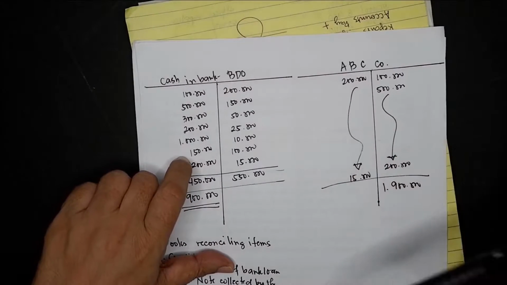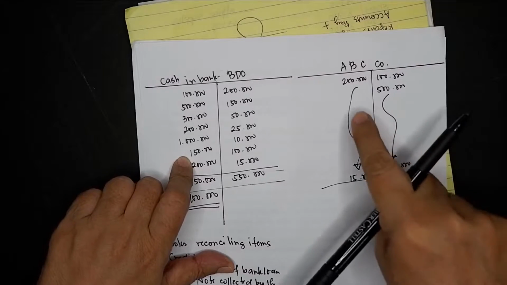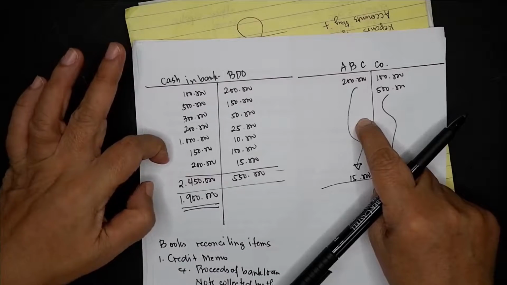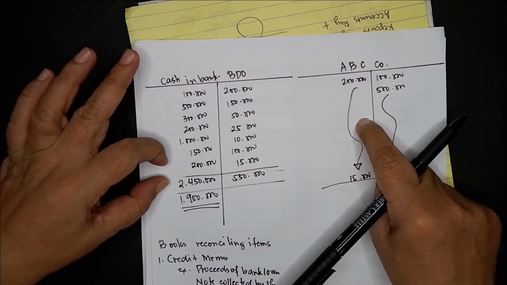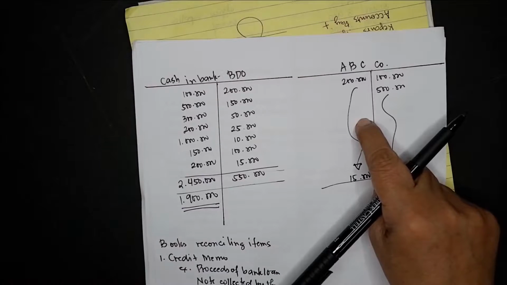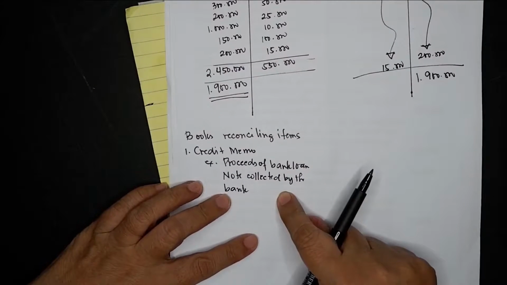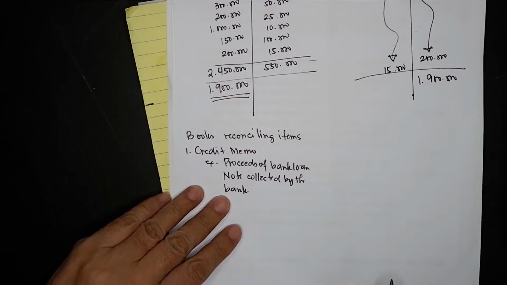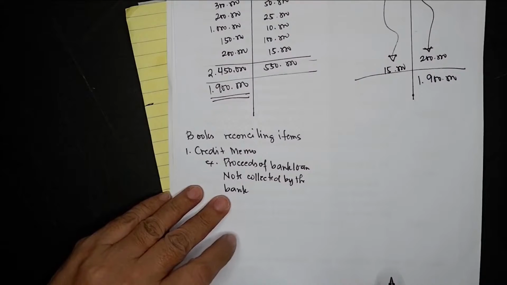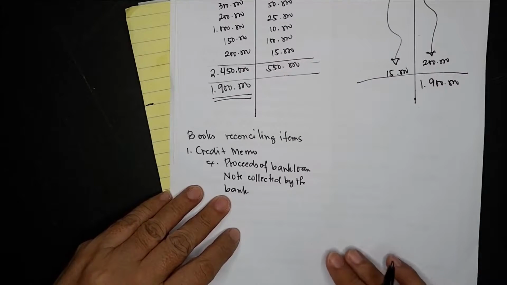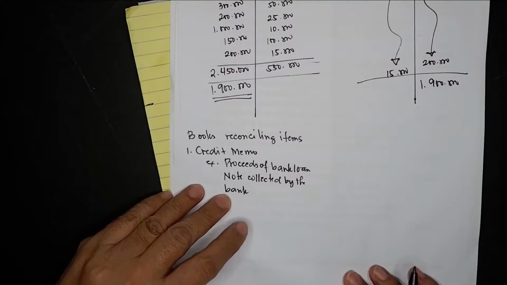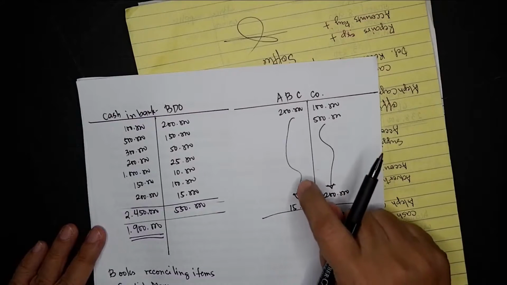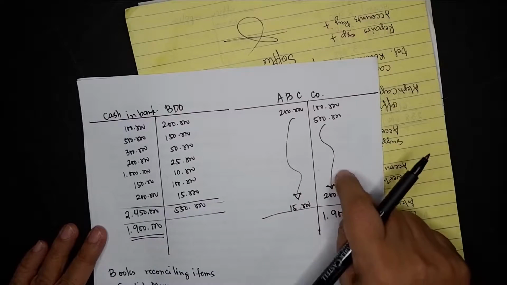That is why, say that is 1 million, they have 1 million plus, but in our record, we do not have 1 million because, as I have said, we do not prepare a deposit slip for that. Another one is note collected by the bank. We let the bank collect a note receivable for us and they have collected it already. So automatically, they deposited it in our account. That is why they have their entry, debit cash and credit ABC Company.